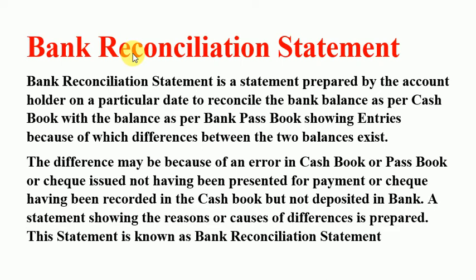So when postings are done in both books, the balance on any particular date should be the same. But actually in practical life, this does not go the same. There are various reasons due to which the balance shown by the passbook will differ from the balance shown by the cash book. And that is why this chapter exists, bank reconciliation statement.